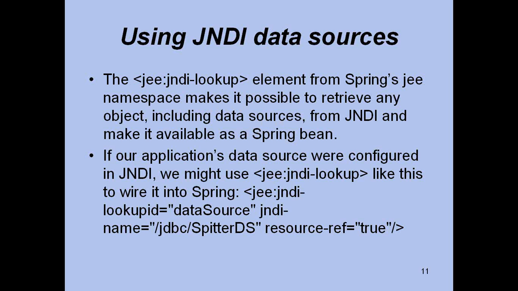JNDI is used whenever an application administrator configures the database connection properties in the server, let's say your application is on WebLogic. There you will give a virtual name, and that is the name you will look up in your application.